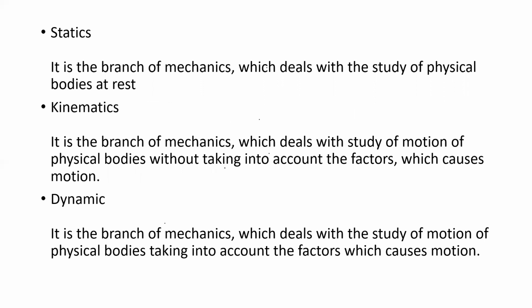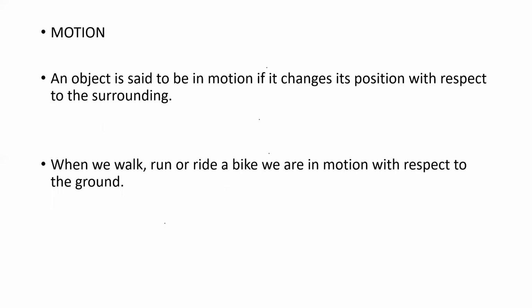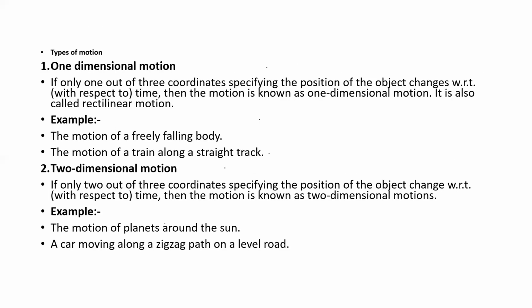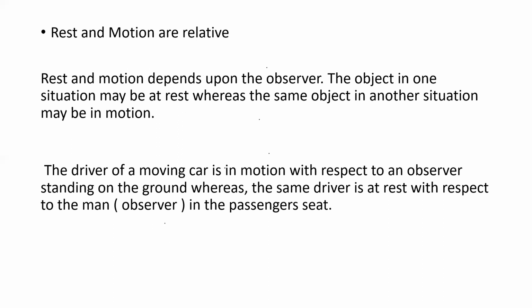Statics is at rest, kinematics is without understanding the cause for motion, dynamics is with understanding the cause for motion. Rest is when the position is not changing, motion is when the position is changing. In types of motion, we have one-dimensional, two-dimensional, and three-dimensional motion along with examples.